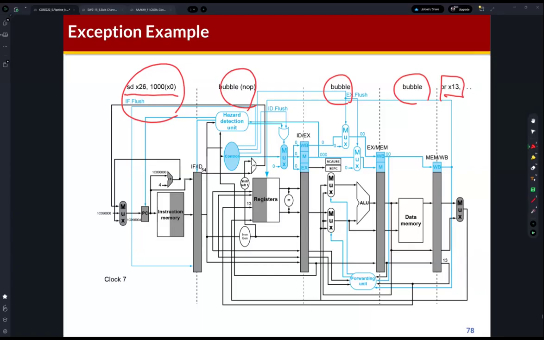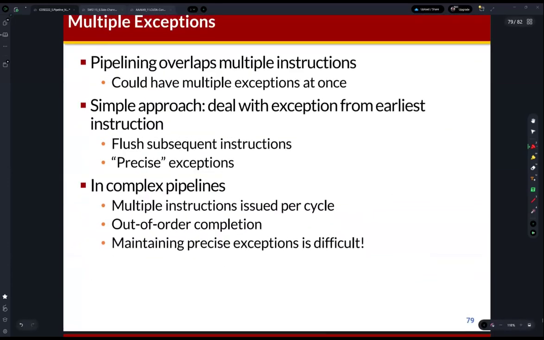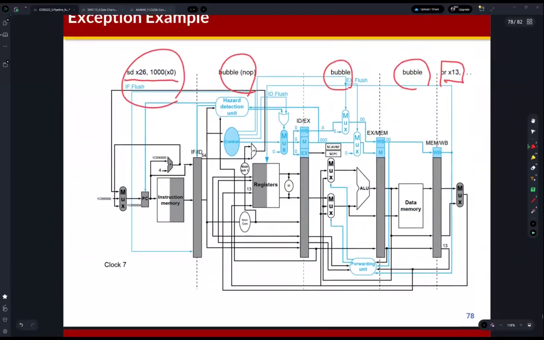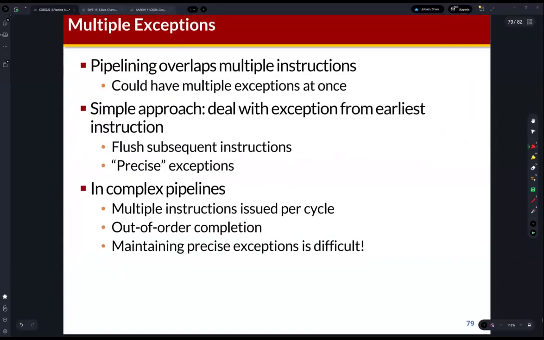Actually, I posted homework 3, right? The last question of the homework is to describe this event, like how exceptions are handled. And the exceptions need to be handled in the order of instruction.